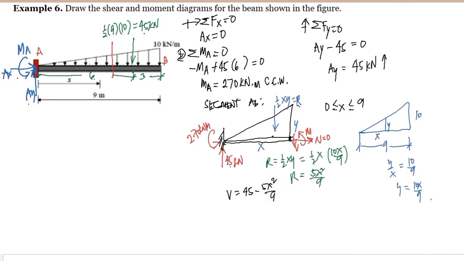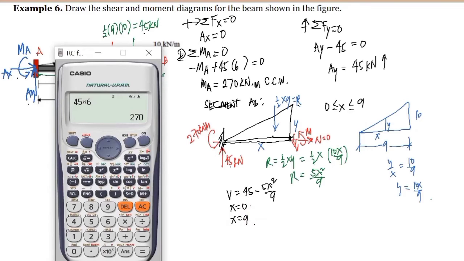And itetest natin yung shear natin at x is equal to 0 and x is equal to 9, since this is our lower and the upper limit. So what we're going to do is to input our equation here.